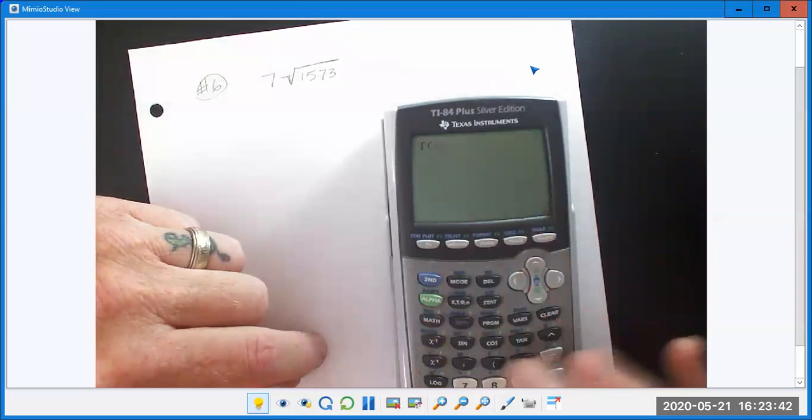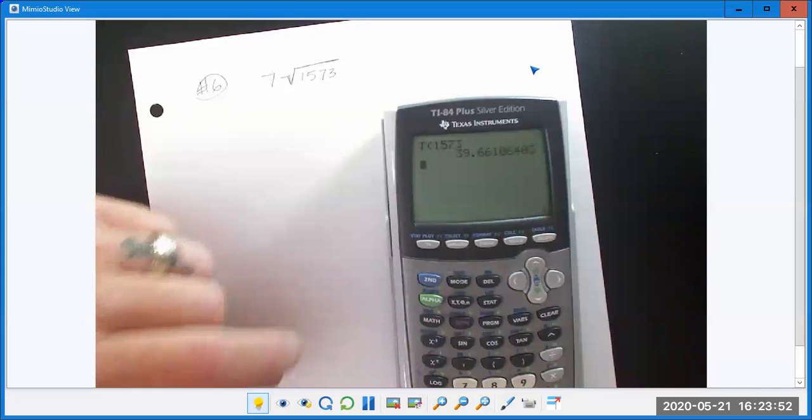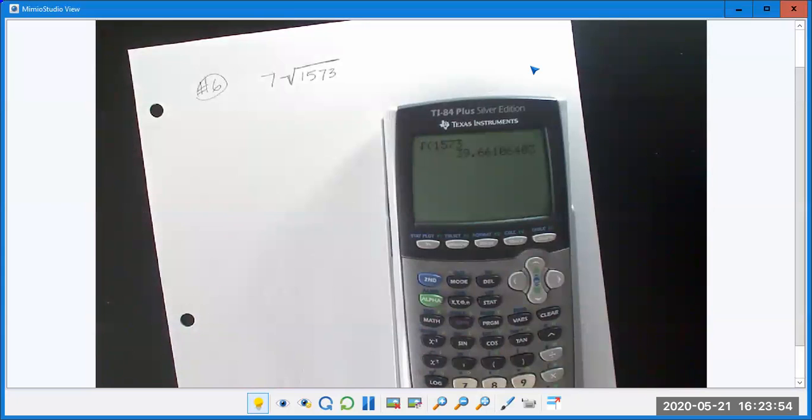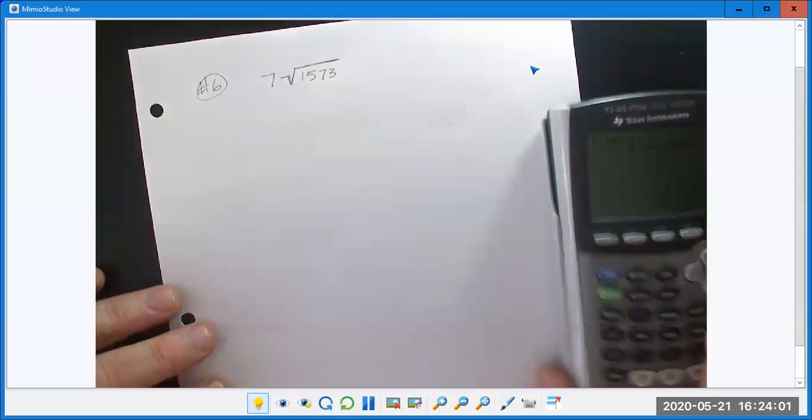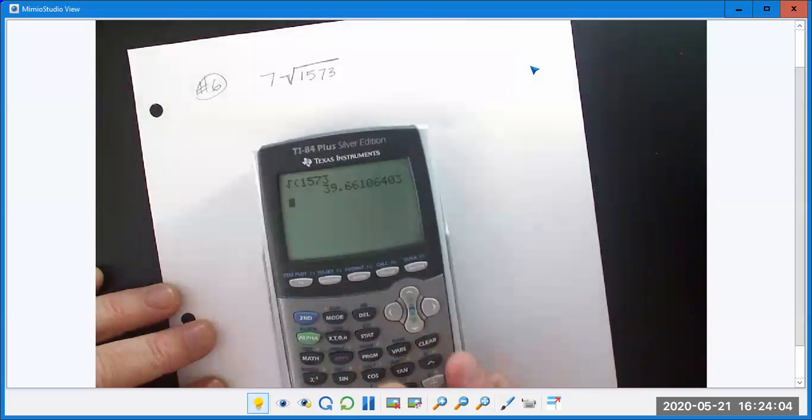Square root of 1573. It is not a perfect square. It's pretty darn close to 1600, though, which would be a perfect square. All right, so where do I want to start? Well, again, guess and check. 1573 divided by 3? Nope. 1573 divided by 4?